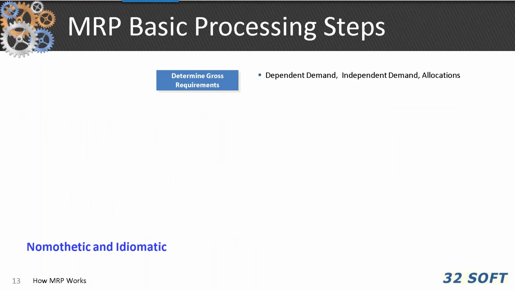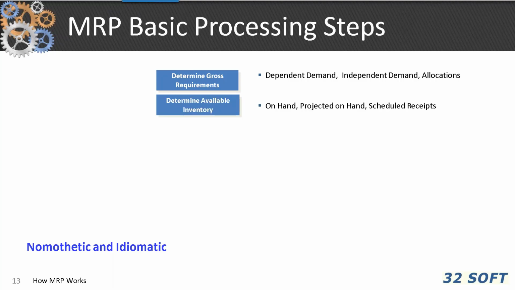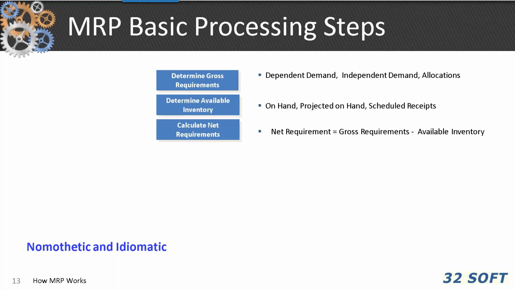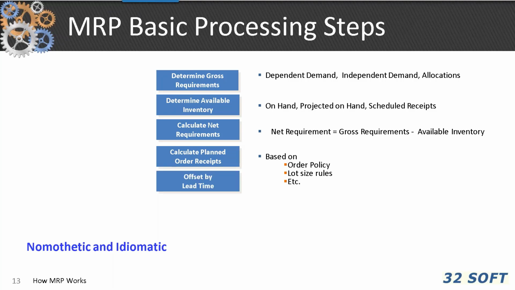MRP goes through several unique sequential processes. First of all, it determines gross requirements, dependent and independent demand, and compares that to what is available to determine available inventory. It then calculates what are called net requirements: gross minus available minus allocations. Then it calculates planned order receipts and offsets those by lead time to calculate a planned order release date.